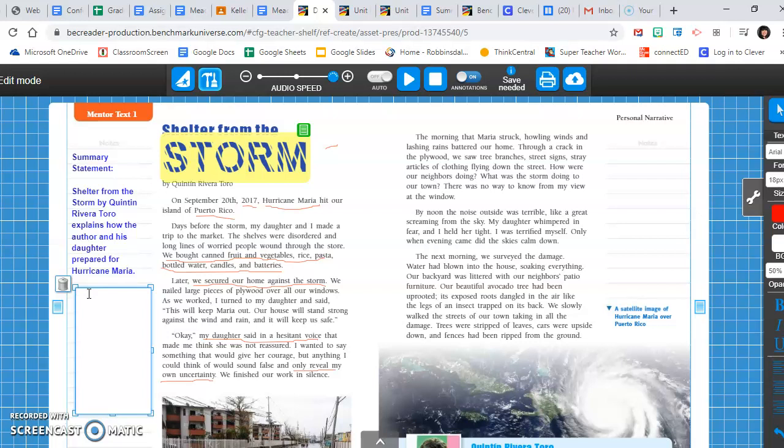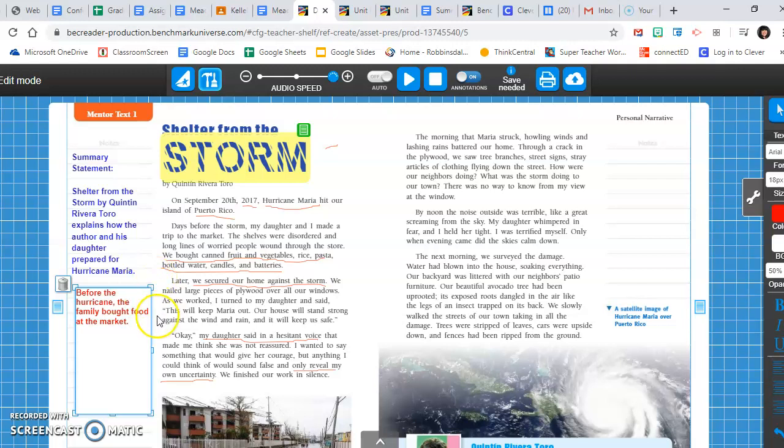So let's think. Up here, I said the important information was that they bought stuff to prepare for the storm. So let me just say that. Before the hurricane, the family bought food at the market. I don't need to say what kind of food they bought. I'm just saying they prepared for the storm by buying food.